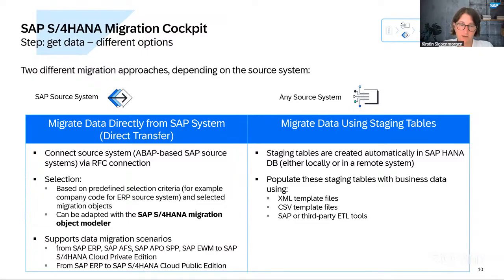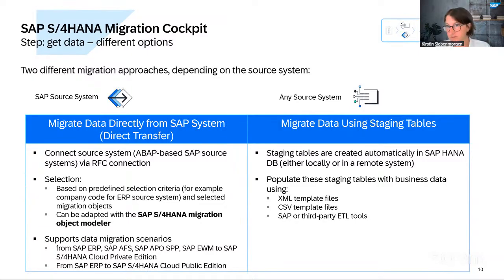If we go to a public cloud system, we support that you select data directly from an ERP source system. So that's basically the possibility if we have an SAP source system to transfer the data.